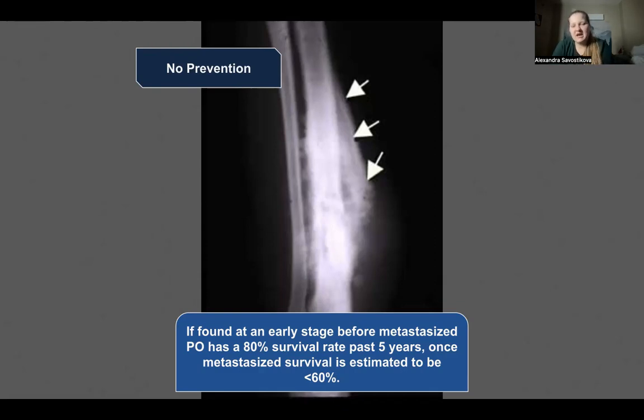Once it has metastasized, as time passes, the percent survival declines and will continually decline, to below 60%. And again, it's an estimate because it's hard, especially after metastasis and with the patient's prognosis, to give an exact number for survival.